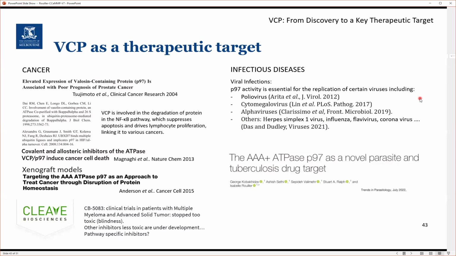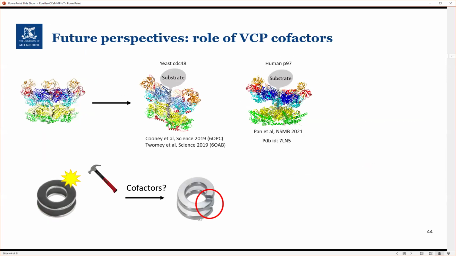Recently also, VCP was shown to be important for viral replication, and we also suggest that VCP may be a good target to treat parasitic disease and mycobacterial infection.